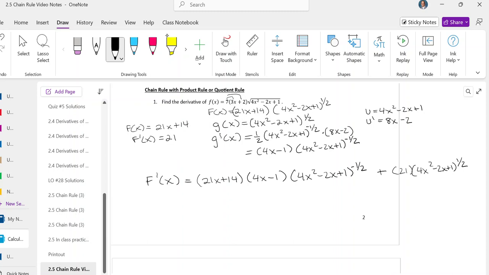Now notice there is a common factor here in both terms, that is 4x squared minus 2x plus 1 to a power. When you factor it out, you always take out the smallest exponent. So you're going to take out 4x squared minus 2x plus 1 to the negative 1/2 power.